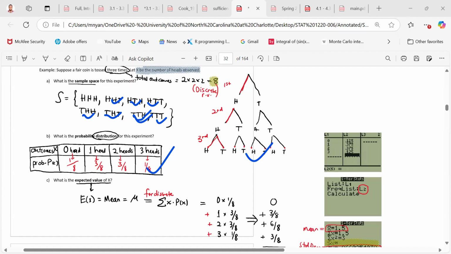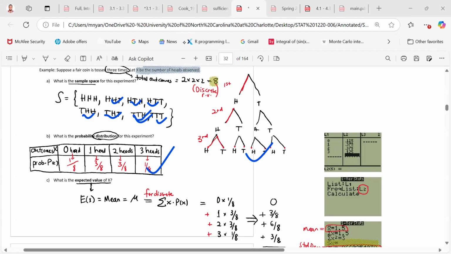That is the possible values, the S values, in L1, and the frequency, that is the probability, in L2. Then afterwards, you click on stats again, go to calc, and choose one-variable statistics. We have our list to be L1, where our S values, the possible values, stay, and L2 will be the probabilities of these outcomes of our random variable. So we calculate and we're going to get our expected value.